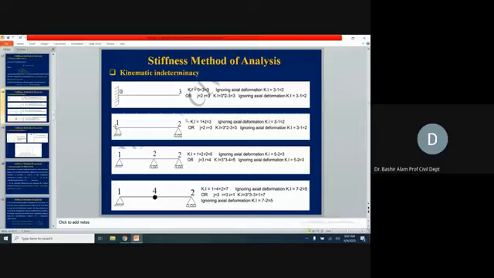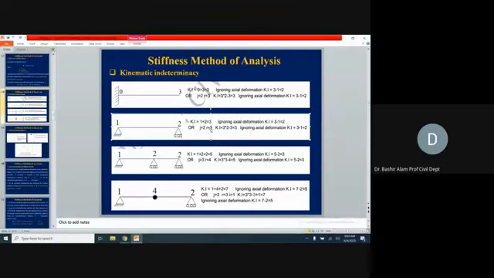Now again, if we go by the equation, we need to find out the number of joints. So the number of joints are 2, left support and right support. The number of reactions are 3, R is equal to 3 written here. 2 are coming from this left support, vertical and horizontal reaction. And then 1 is coming from the right support, which is the vertical reaction.